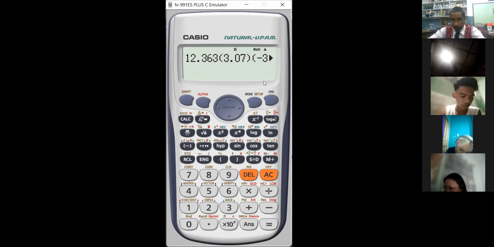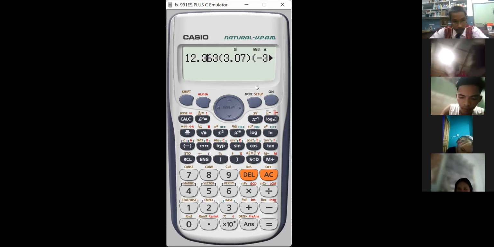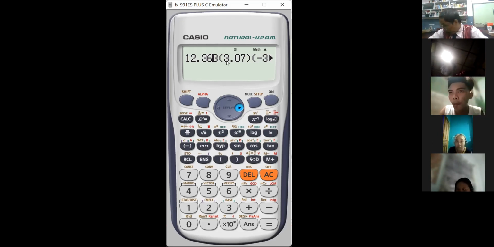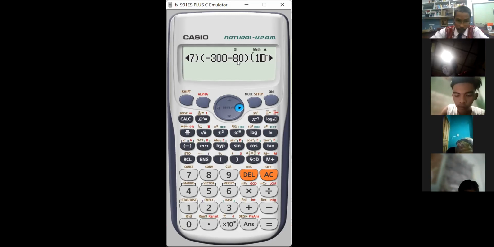Please take a look at our calculator. So 12.363 times 3.07 multiplied by parentheses, negative 300 minus 80, and times 10 raised to the negative 6.